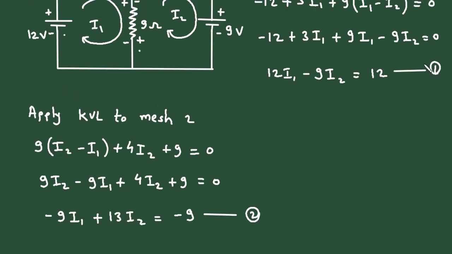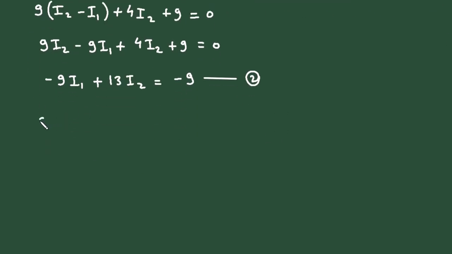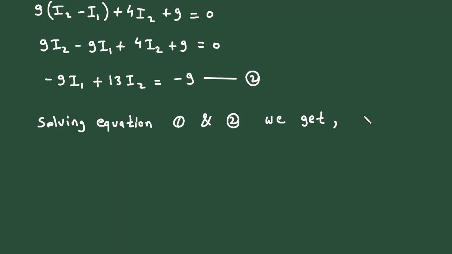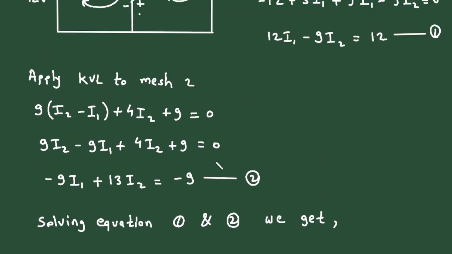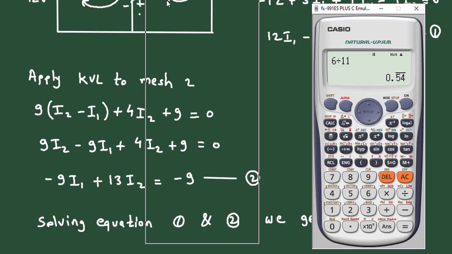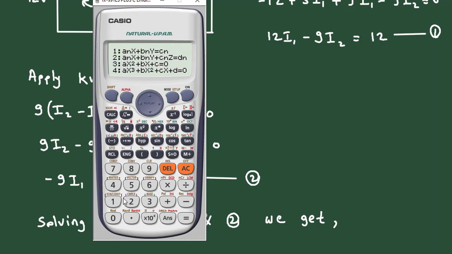Now we got two equations, equation number 1 and equation number 2. So solving equation 1 and 2, we get, in calculator directly we will solve this, mod 5 then 1.